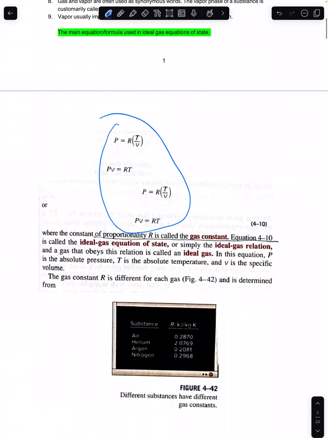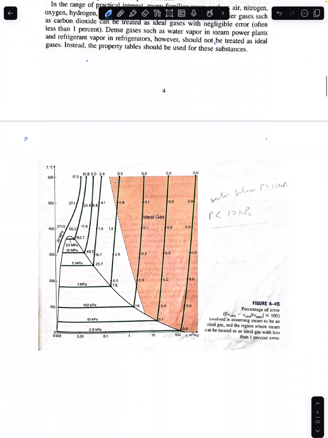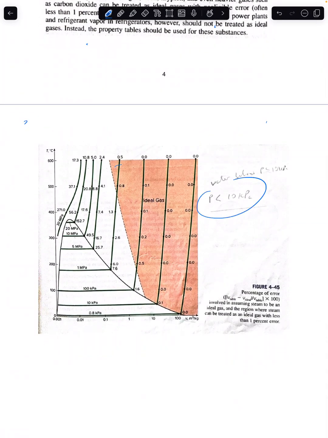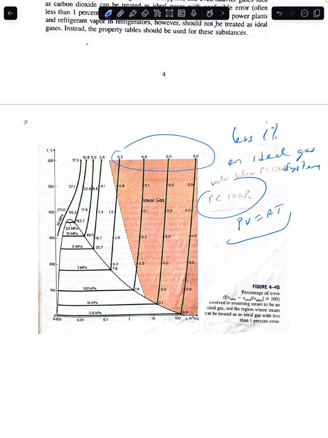And if you come below, you can clearly see what I'm talking about here. Every system that has a percentage of error which is less than 1%, that system is an ideal gas system. Therefore, the ideal gas equation is applicable for this system.